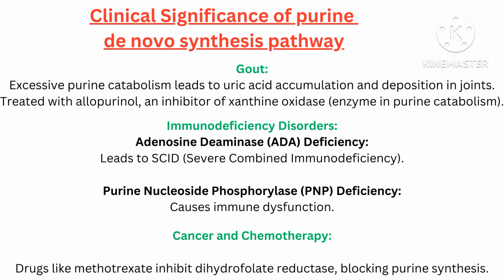Adenosine deaminase, ADA, deficiency leads to SCID, severe combined immunodeficiency. Purine nucleoside phosphorylase, PNP, deficiency causes immune dysfunction. 3. Cancer and chemotherapy. Drugs like methotrexate inhibit dihydrofolate reductase, blocking purine synthesis.